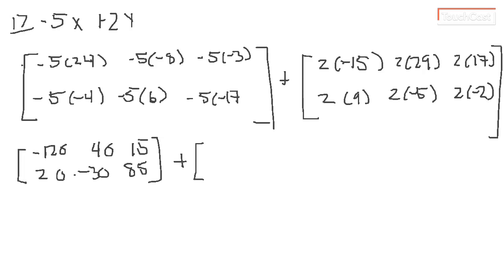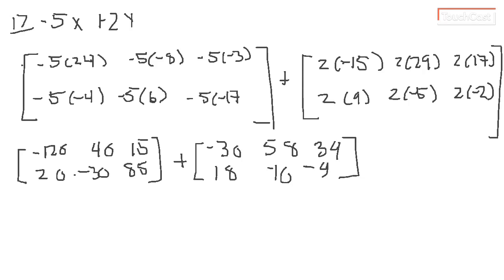And then we're going to add to that negative 30, 58, and 34. And our second row is going to be 18, negative 10, negative 4.